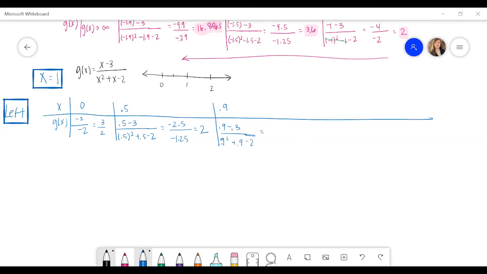Okay, so -3, that's not a 0.3, that's a regular 3, minus 3. So -3 and 0.9 is -2.1. 0.9 squared is 0.81. We have 0.81 plus 0.9 minus 2.